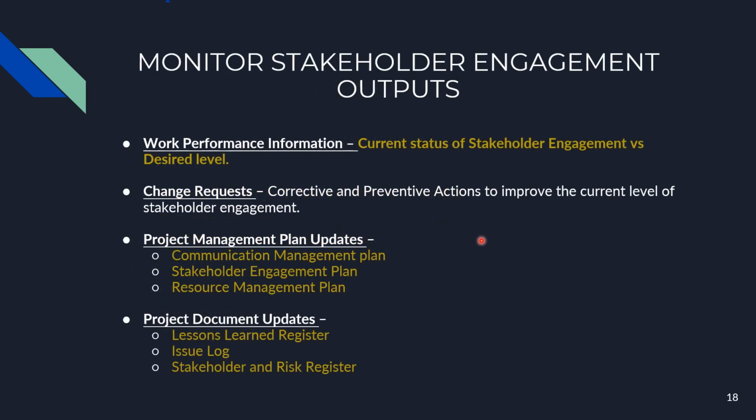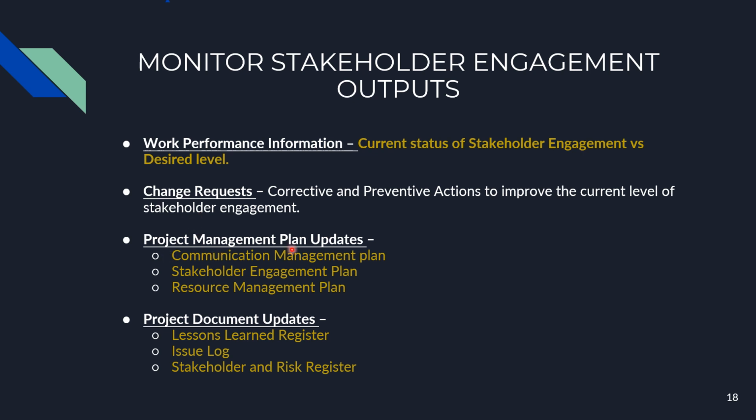Key outputs of the monitor stakeholder engagement process: work performance information. In work performance information, we describe the current status of the stakeholder engagement and their desired and expected level. The second output is change requests, in which we describe corrective and preventive actions to improve the current level of stakeholder engagement.